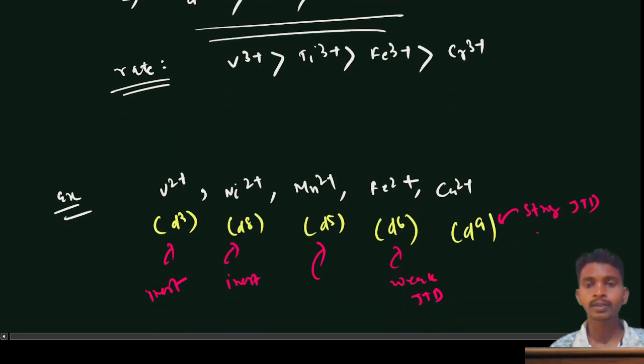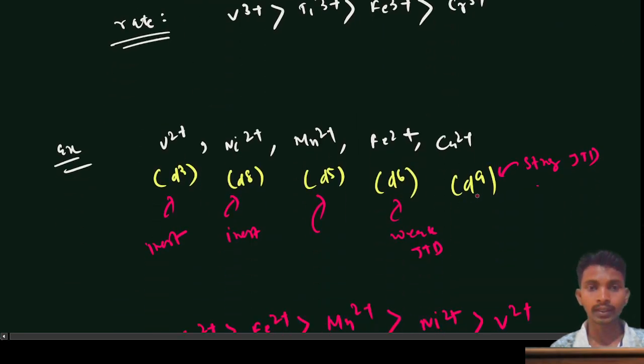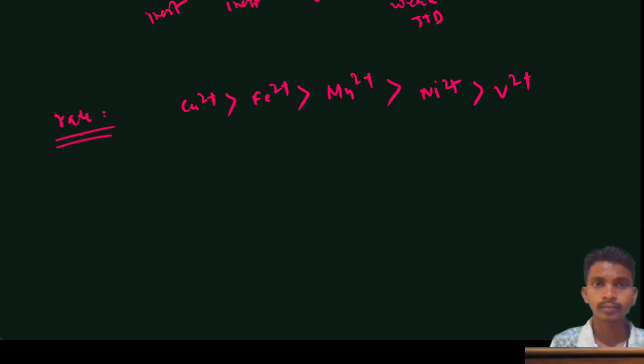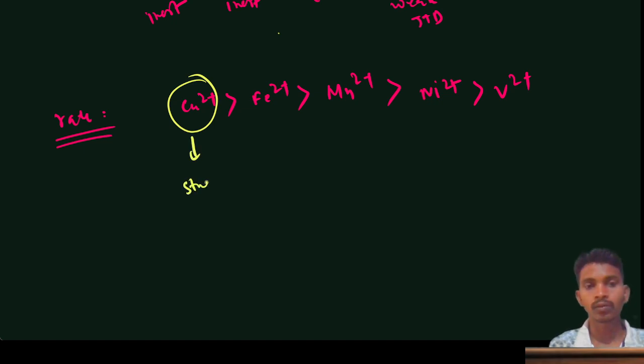We can explain this in terms of weak JTD and strong JTD, and we can also explain it according to size.